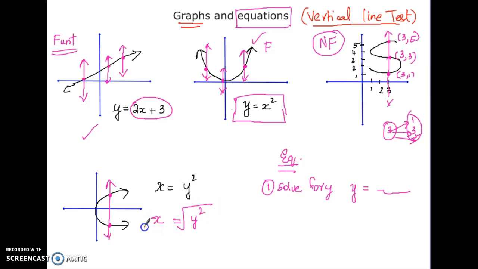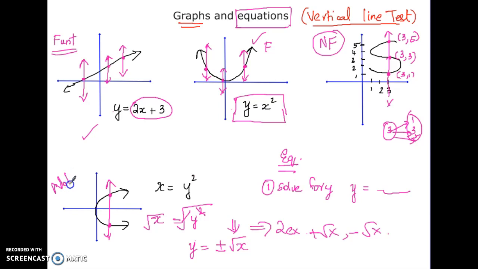When we take the square root on both sides, the square root and square cancel, and we get y equals plus or minus the square root of x. So when we solve for y, we did not get one single expression. We got 2 expressions here, a positive square root of x and a negative square root of x. So that's how we know that this is not a function. Okay, so this is how we identify functions in the different situations.